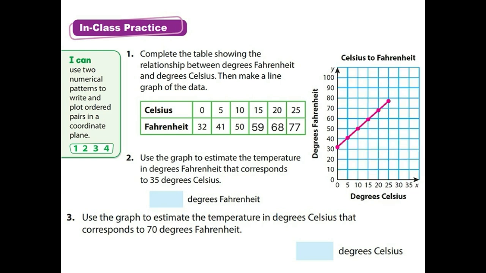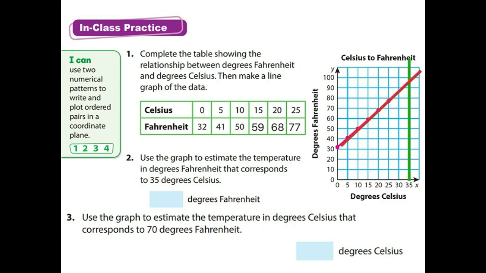Number 2 wants us to use the graph to estimate the temperature in degrees Fahrenheit that corresponds to 35 degrees Celsius. The first thing we need to do is draw a line on the 35 degrees Celsius that goes all the way up, and here's what that would look like. I got that green line going all the way up by 35 degrees Celsius. Then we need to continue that red line to where it crosses that 35 degrees.